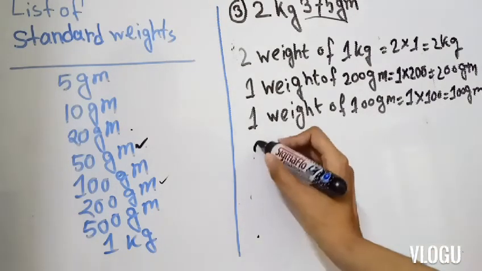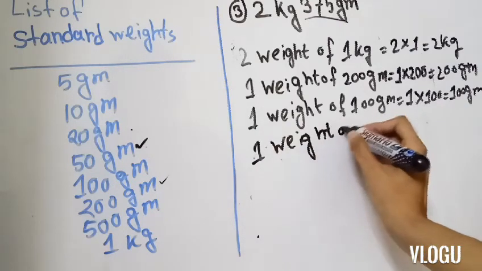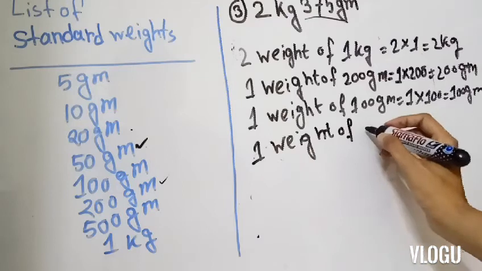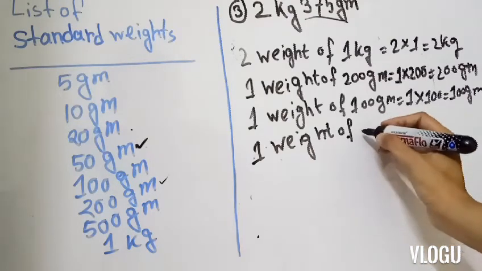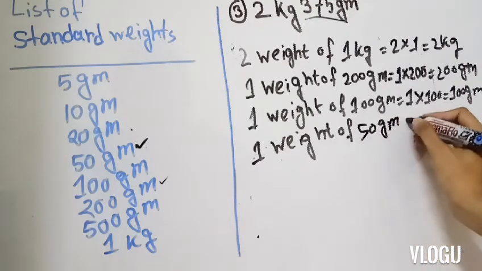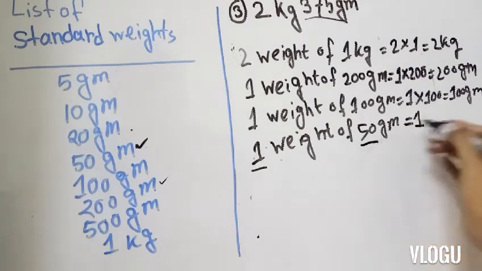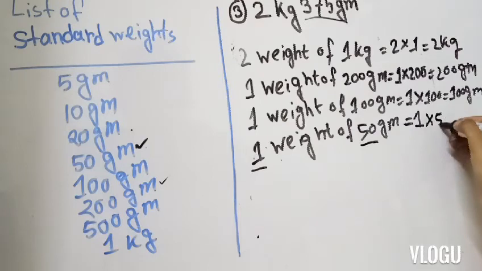For 75 gram I am taking 50 gram. So 1 weight of 50 gram. We are taking 1 weight, so I am writing here 1 and taking 50 grams, so multiplying with 50, it means 50 gram.